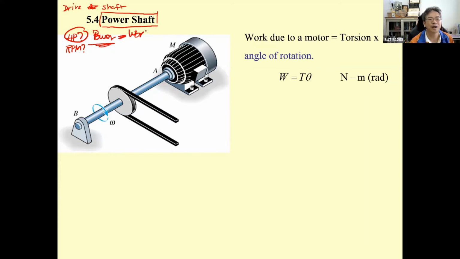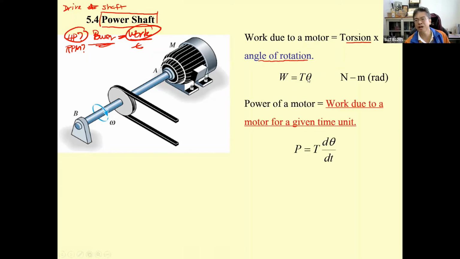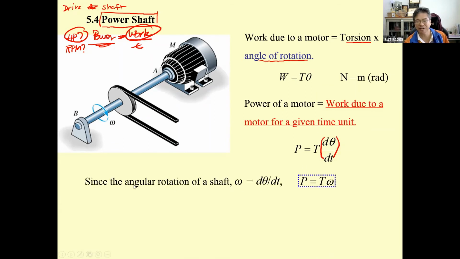That is going to be power. Power is going to be the work divided by time. And what is going to be the work? For the engine, the work is going to be the torsion times the angle of rotation. And then when you divide the angle of rotation by the time t, this is going to be omega, which is the angular velocity.